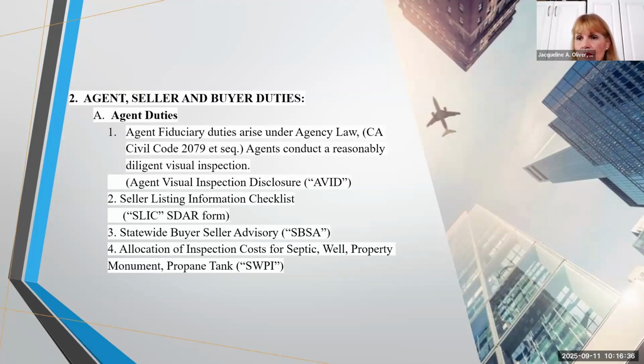And you know the form, the AVID, Agent Visual Inspection Disclosure. That has a lot of questions, and it has information there and space for you to add what you see. So it has to be reasonable. You're not required to get under the house. You're not required to crawl up on the roof. It's just what you see.